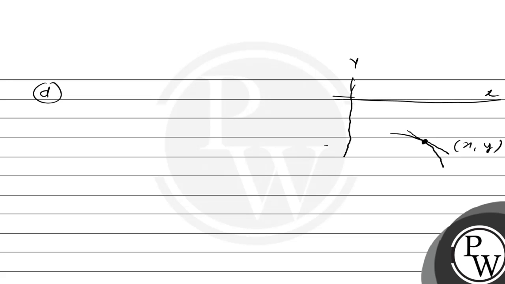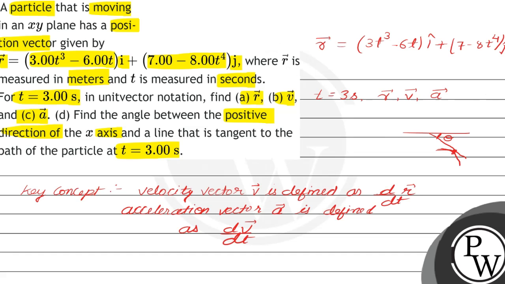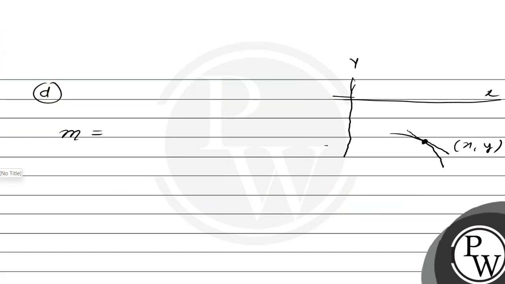So students, we are concerned with finding the slope m, and slope m in any curve is defined as y value upon x value. This is also equals tan theta. Or simply students, you can understand we have traveled, let's say, x distance in x-axis and y distance along y-axis, and we are required to find this angle theta. So directly using trigonometry in this right angle triangle, we can find tan theta equals y upon x.